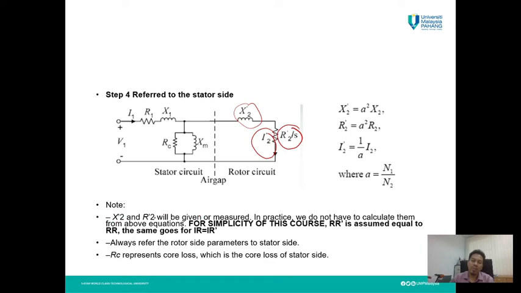In practice, we do not have to calculate them from the above equation. For simplicity of this course, RR prime is assumed equal to RR, and the same goes for IR, so IR equal to IR prime. So referring parameters for the induction machine analysis are not considered.